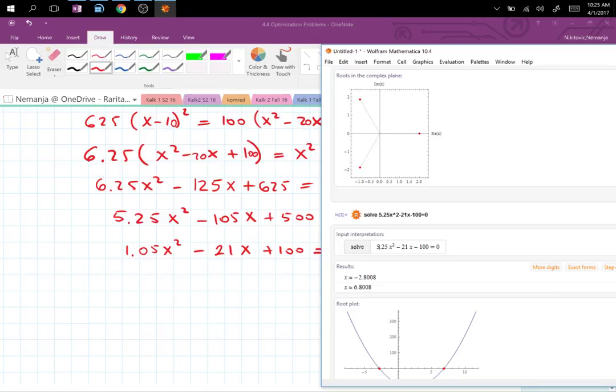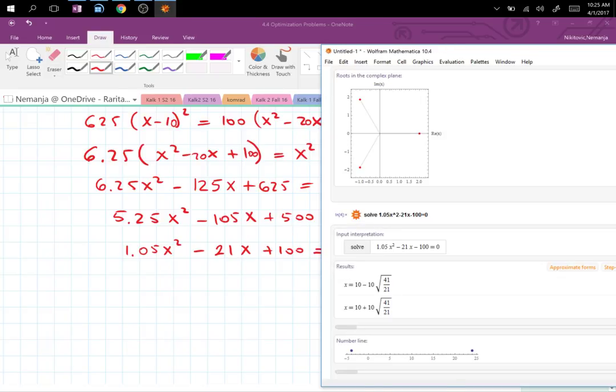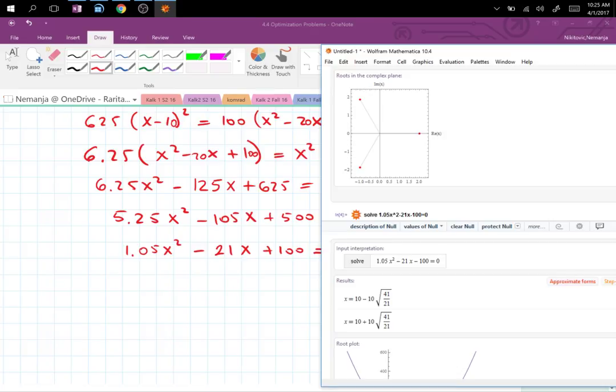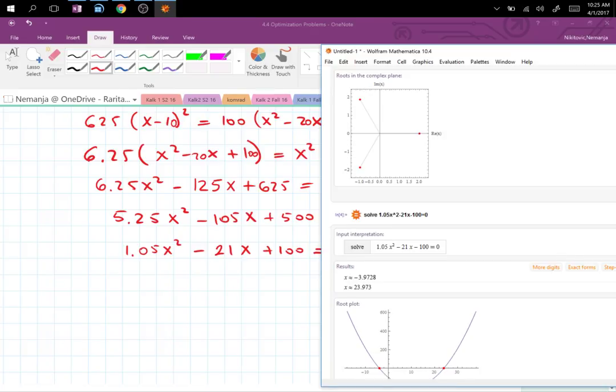Oh, 1.05, you're right. And it just made it much worse. Why? Because I got x equals 0.3 miles.